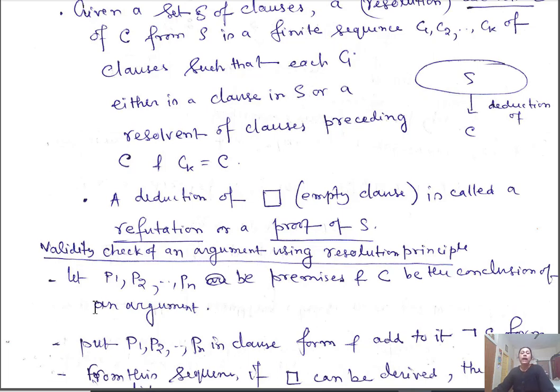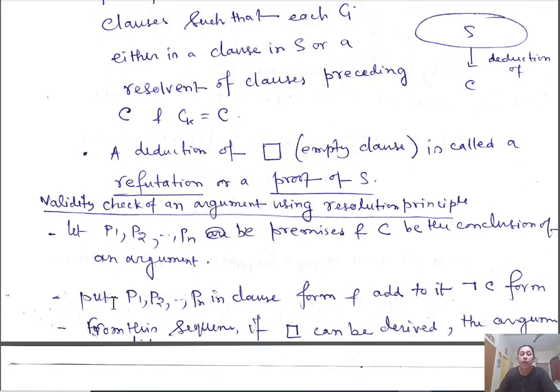Suppose I have premises in the argument: P1, P2, Pn, and suppose C is the conclusion of the argument. So the argument means P1, P2, Pn, these are premises, followed by therefore C. This is the argument. What I will do is put P1, P2, Pn in clause form.